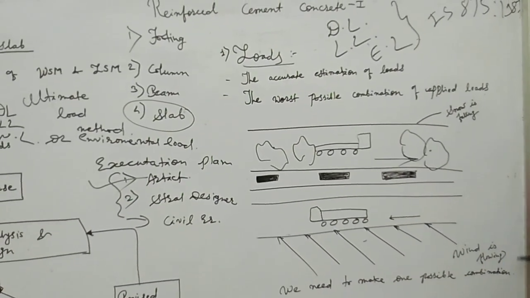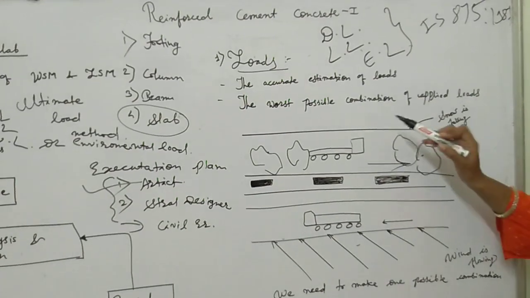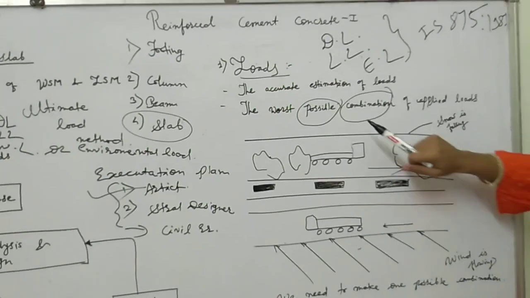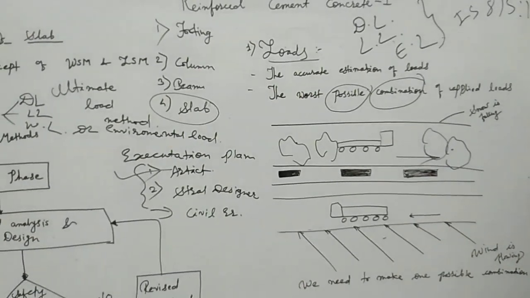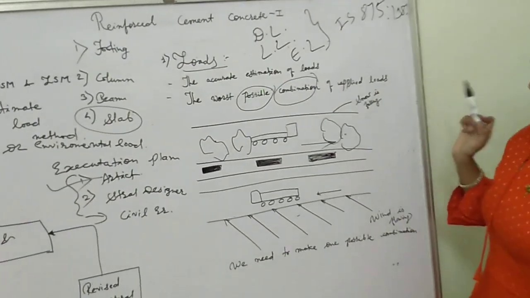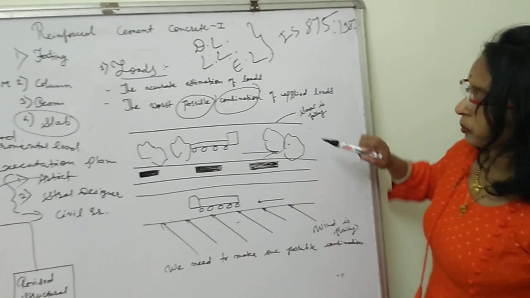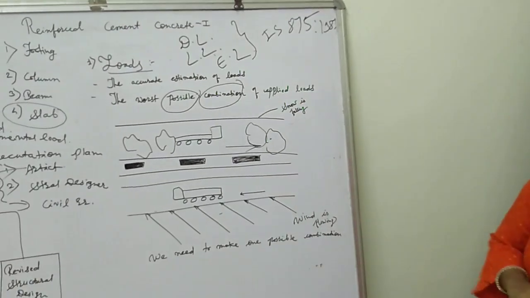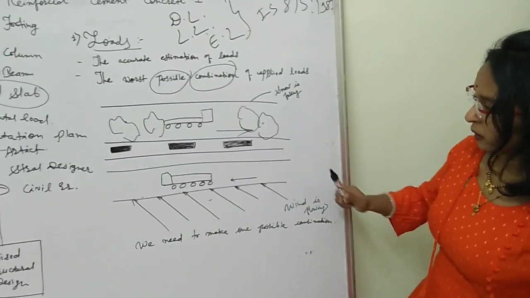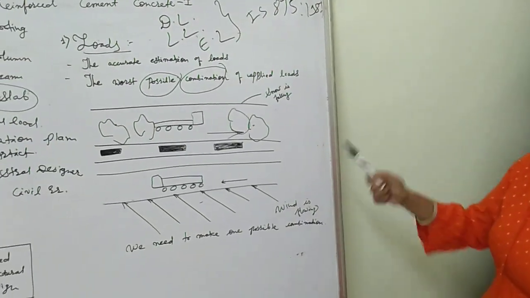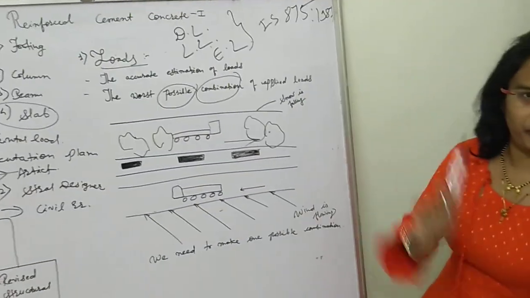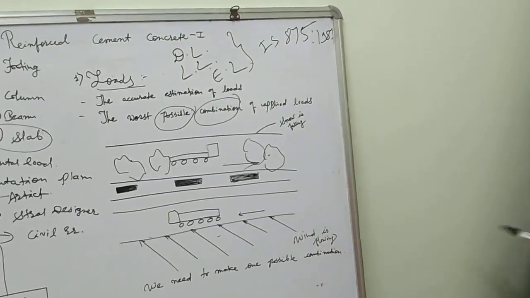If snow is falling and wind is flowing, we need to make one possible combination. We can make this possible combination with the help of IS 456-2000, Indian Standard Code of Practice for Concrete and RCC Designs. With the help of this IS Code, we can make sure whether we are crossing our permissible limits or not. We have to check this one.